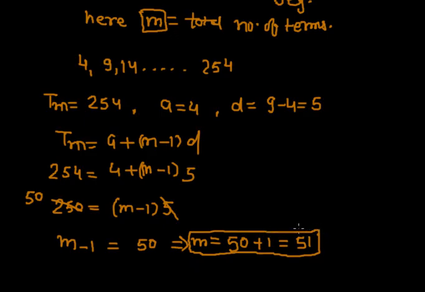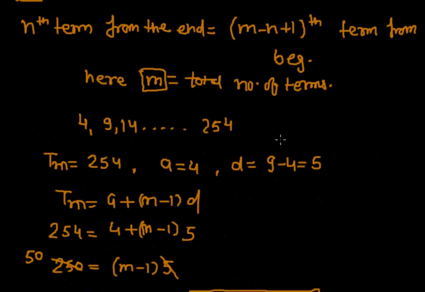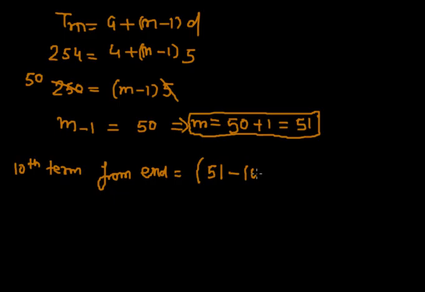When we have the value of m, now see the formula, nth term from the end. Now we have m and n both, so we can easily calculate that the 10th term from the end is equal to m, m is what? 51, minus n, 10, plus 1 term from the beginning.